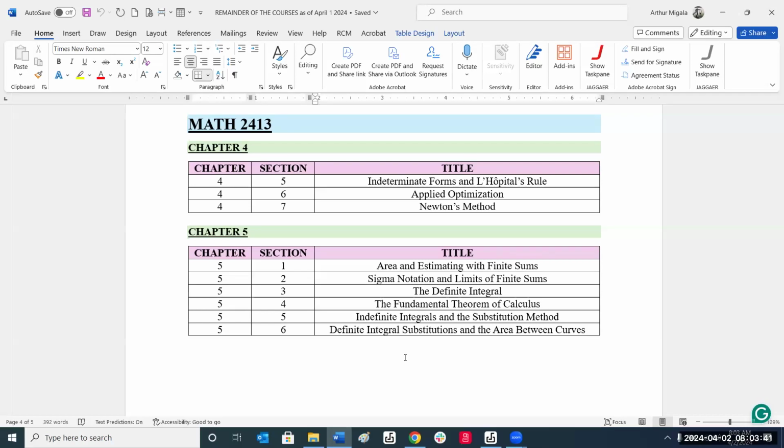With that, for example, some of these, like Newton's method, that'll take us some time, not because it's difficult, but because it's what's called an iterative process. We don't get the answer right off the bat. We have to do the process 5, 10, 15 times until we get too close to a number, and that's our solution. So some may take more time than others, like signal notations, that's going to take us some time as well.